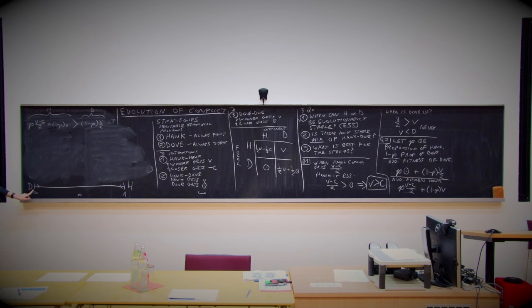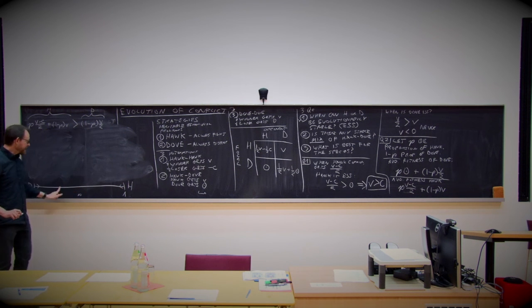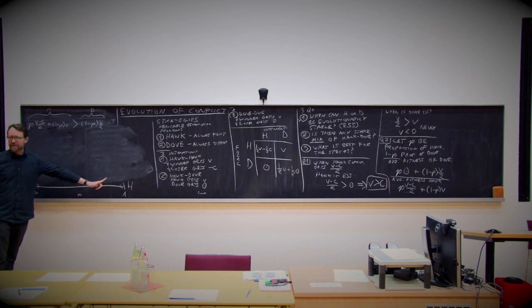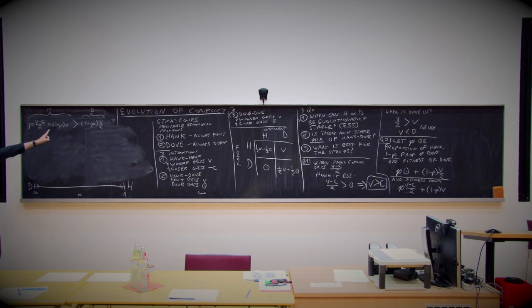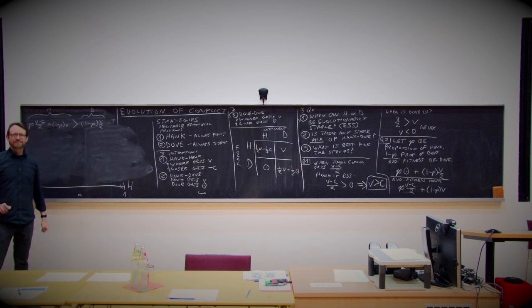A rare Hawk invades, that's what this little arrow means, and a rare Dove invades over here, because V is less than C. So something happens in the middle. For every point on this line segment, we want to ask whether the evolutionary dynamics are pushing this way or this way. And so this question is, which values of P push you this direction? Does that make sense?